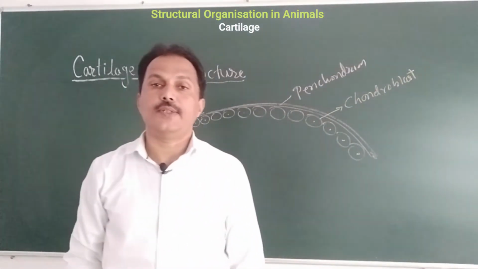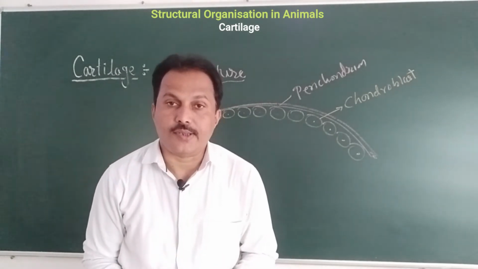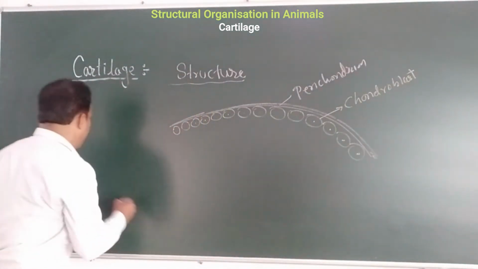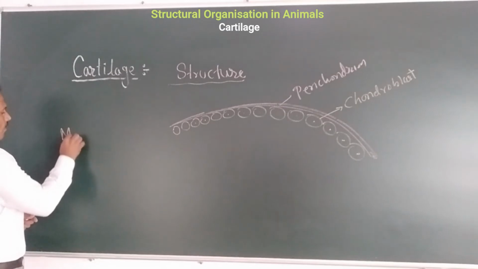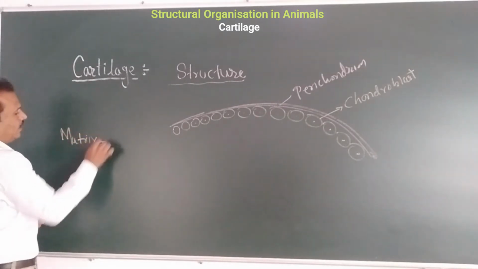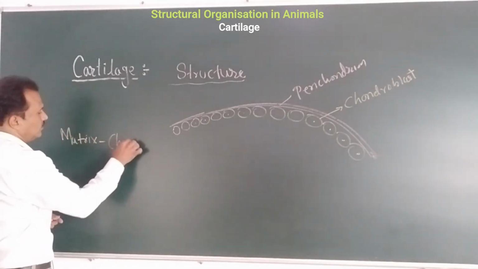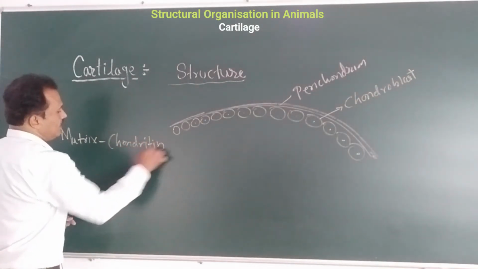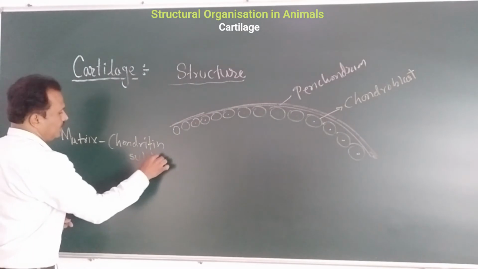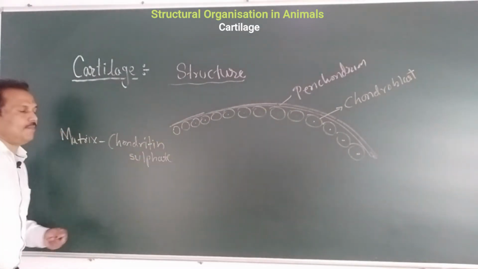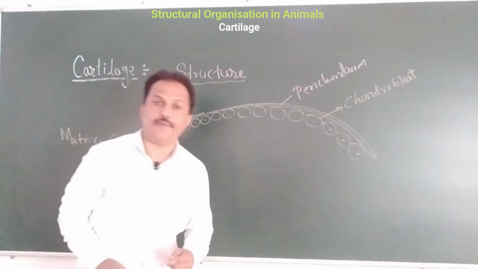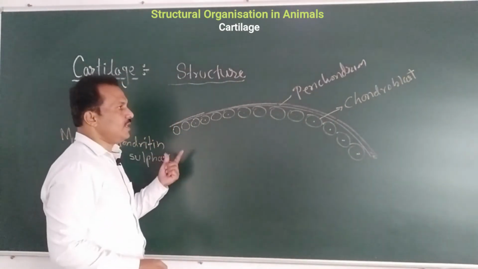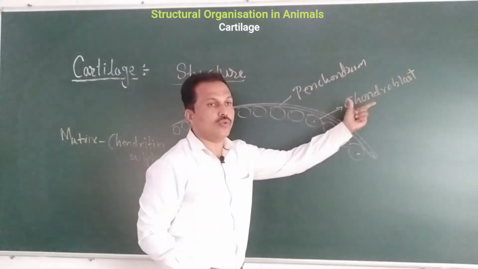What is the function of the chondroblast? To secrete matrix substance. Matrix is made up of chondroitin sulfate, and this matrix is secreted by the chondroblast.